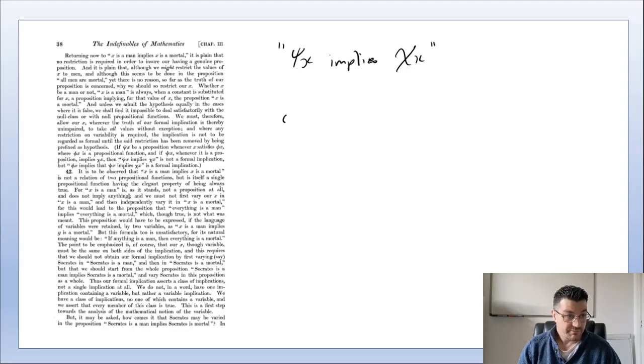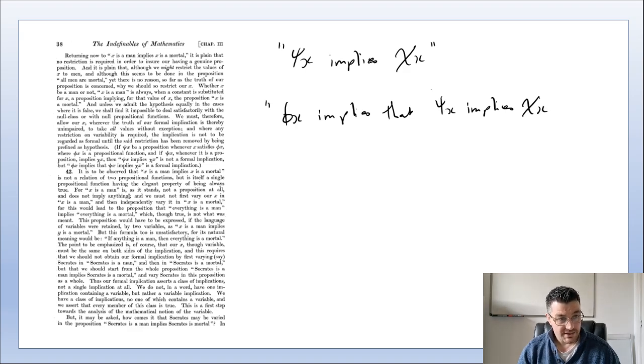But phi x implies that psi x implies chi x would effectively group these together. So implies suggests to me that there are some brackets that can be imagined around psi x implies chi x. This is a formal implication because there's no restriction placed on this.